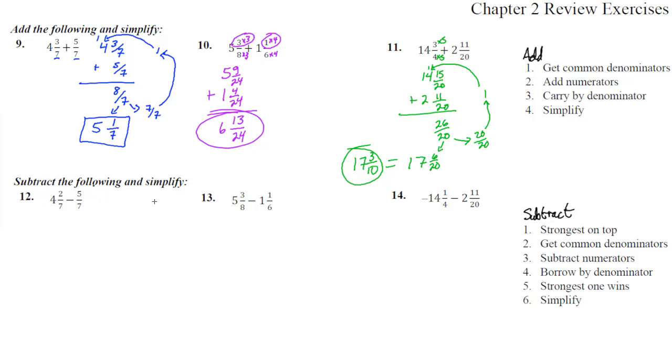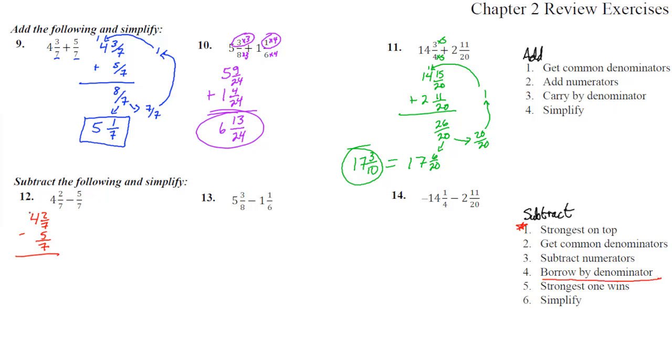Okay, next one, number 12. We're going to be subtracting. Now remember, subtracting, we always start with putting the strongest one up on top. So, strongest one is 4 2/7. In this case, 4 2/7 minus 5/7. Okay, get common denominators, done, check. Subtract the numerators, 2 minus 5, it's too small, borrow by the denominator, opposite of carrying.